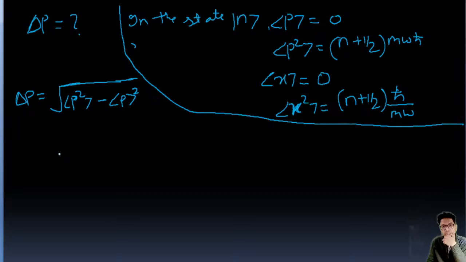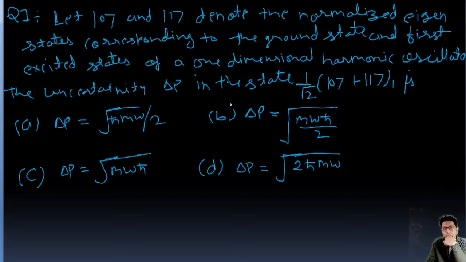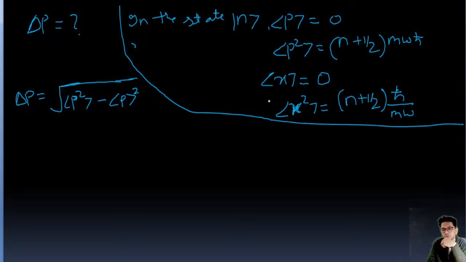That is momentum. But here we need to find out delta P, the uncertainty in this state, 1 upon root 2 (0 plus 1). This you need to note down, guys. This is in this state n.